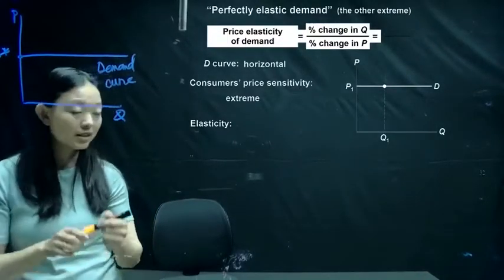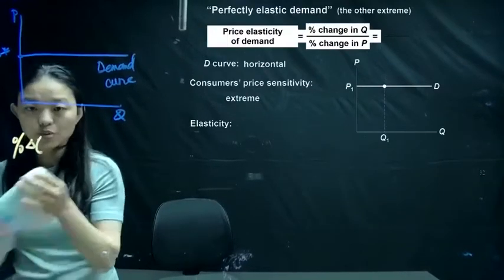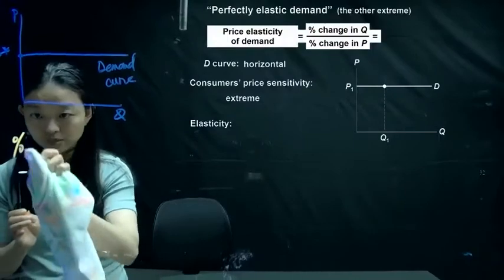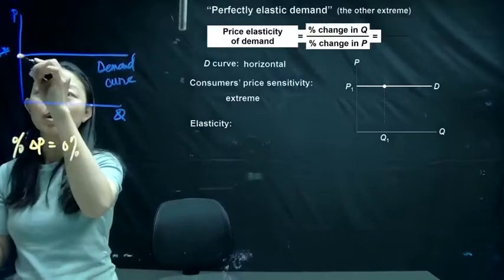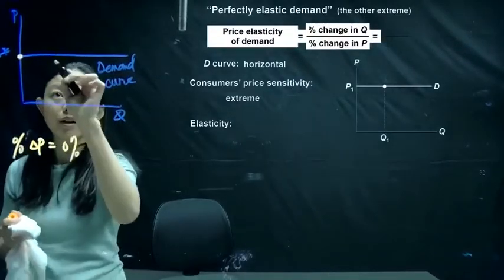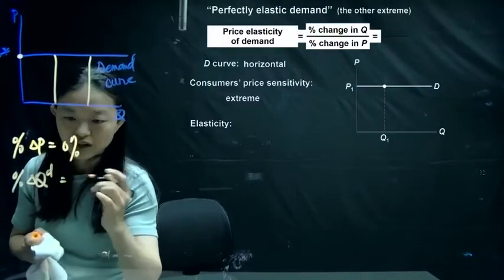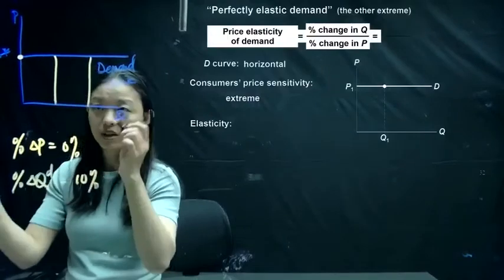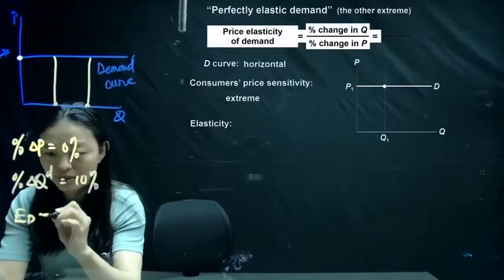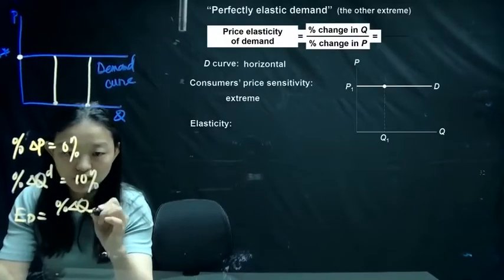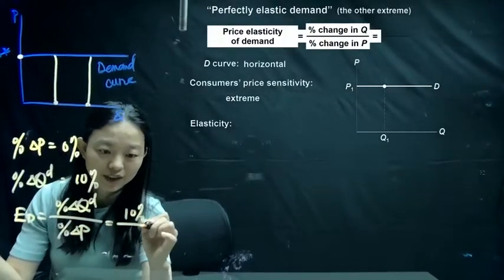Can you tell me what's the percentage change in price? The percentage change in price will equal 0, right? Because the price always fixed at this level. And how about the quantity demand change? The quantity demand might change at some level, maybe at 10% or 20%, okay? Therefore, we use the price elasticity of demand equal percentage change in quantity divided by percentage change in price, maybe 10%, but divided by 0.